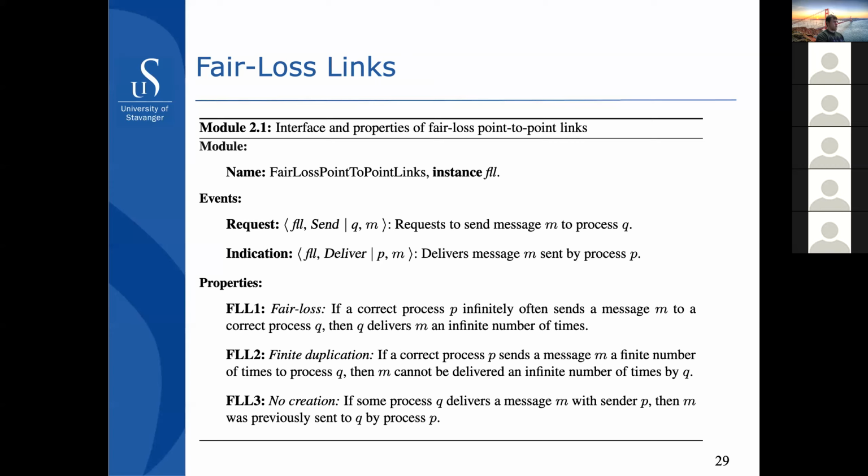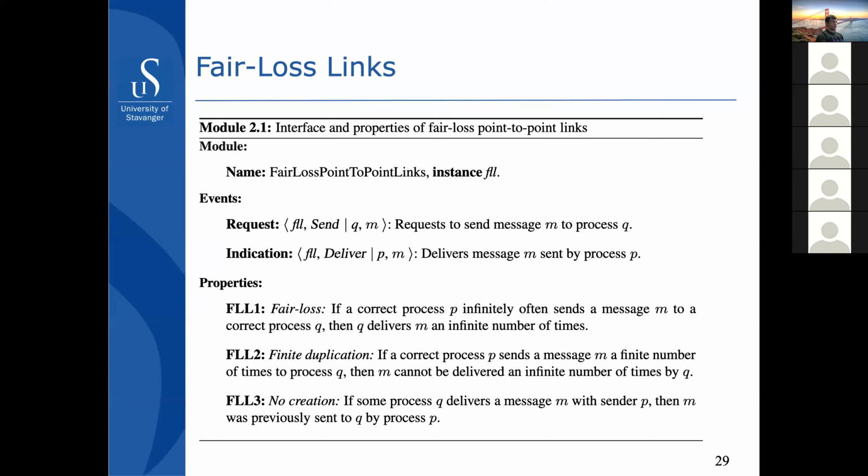The first property, fair loss, states that if a correct process P infinitely often sends a message M to a correct process Q, then Q delivers M an infinite number of times. What this property says is that if a process P keeps sending the same message over and over again an infinite number of times, the process Q will also deliver, or receive, this message an infinite number of times.